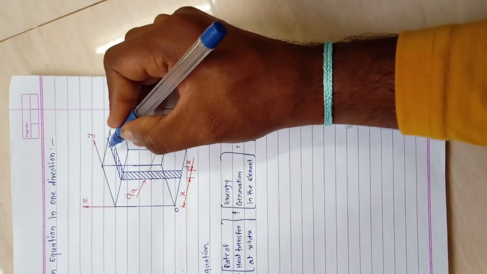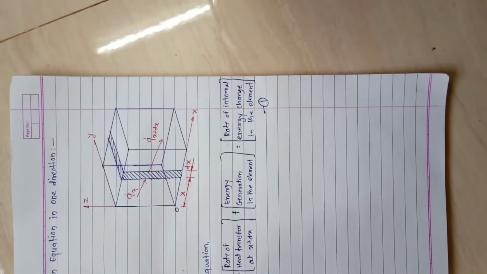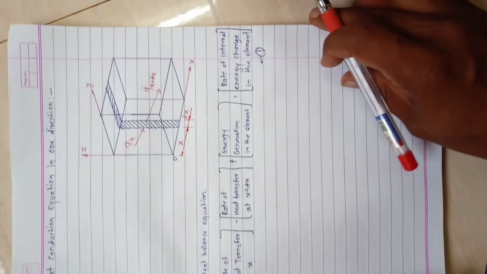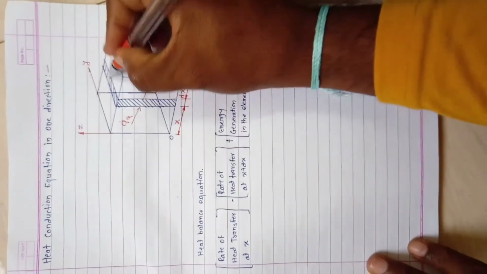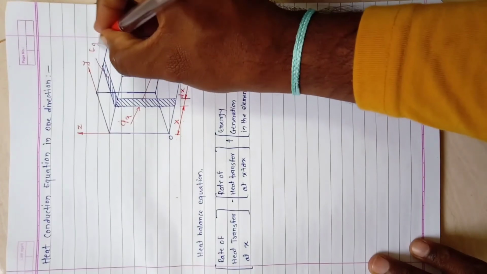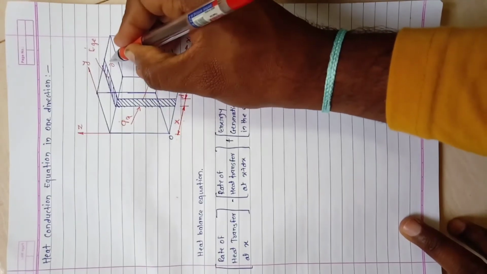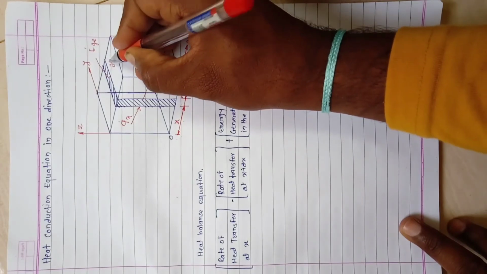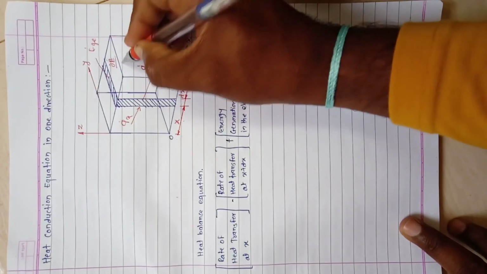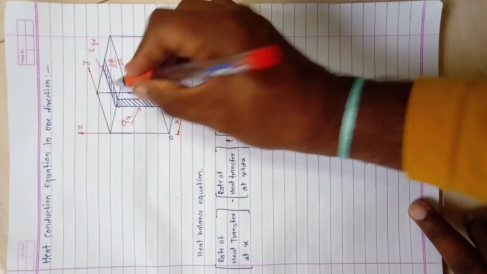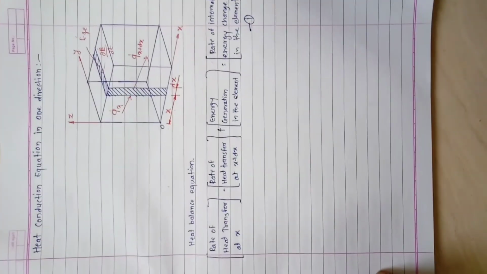So in this element the heat generation is available, and we are getting delta E change with respect to time, that means internal energy change in the element.